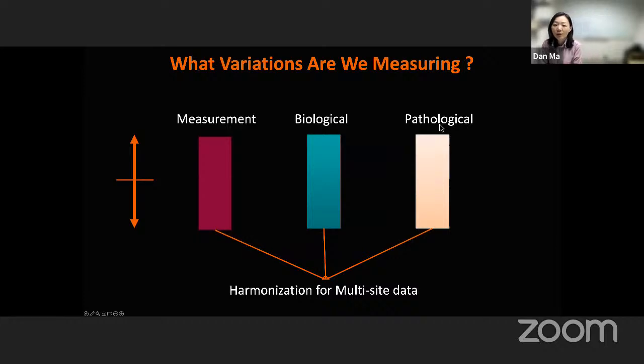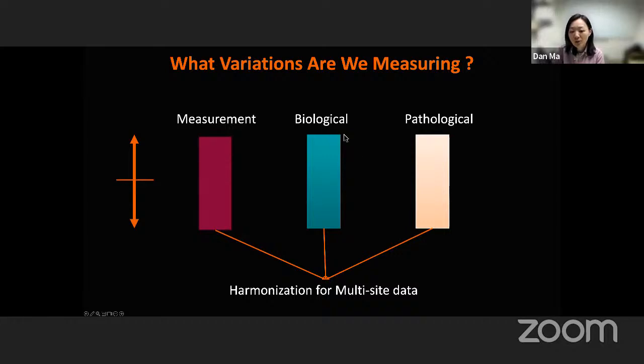So what variations are we measuring if we already have such high variations from the measurement? Here is a diagram where the height of each bar illustrates the variation we might get from different sources. We have measurement variations, where we already see the intensity differences.